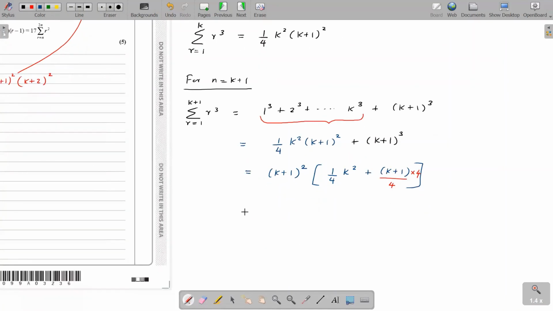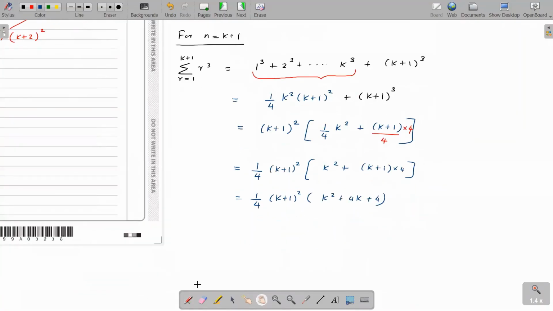Shall I take the 1 over 4 out as common, 1 over 4 k plus 1 square? And I get here k square. Here I get k plus 1 times 4. Do you agree with me? 1 over 4 k plus 1 square, and here I get k square plus 4k plus 4, which is what? 1 over 4 k plus 1 square.